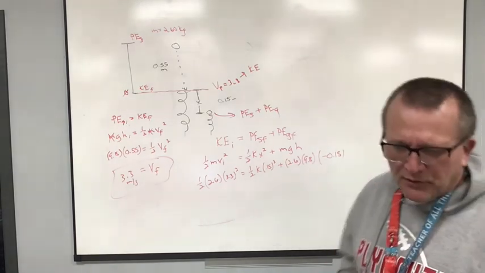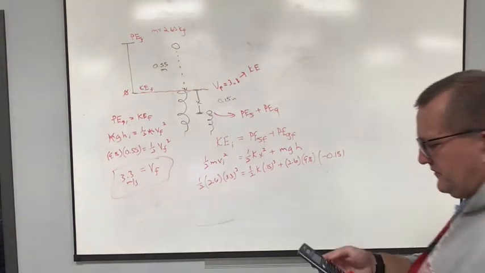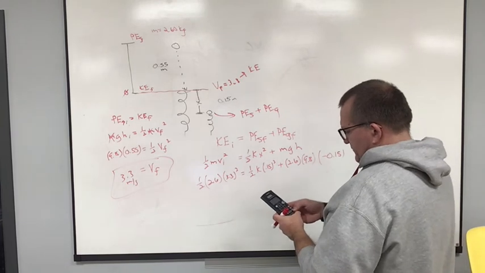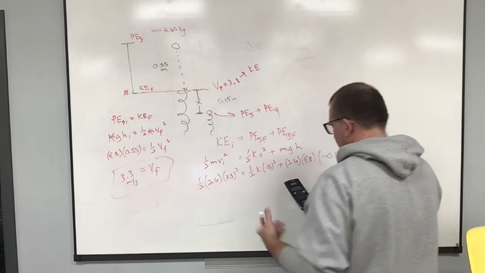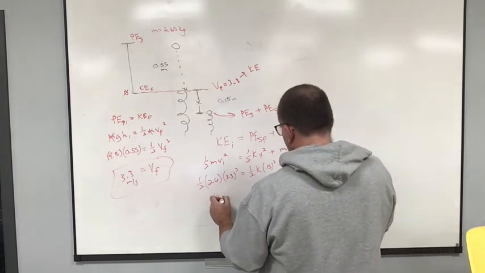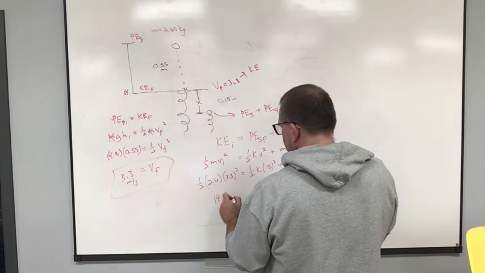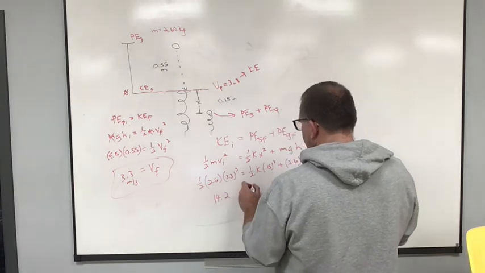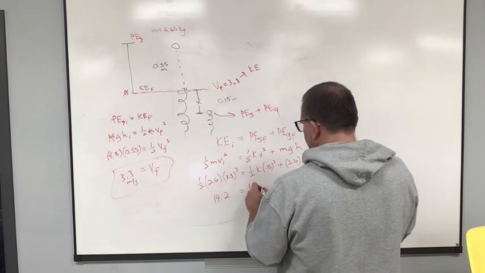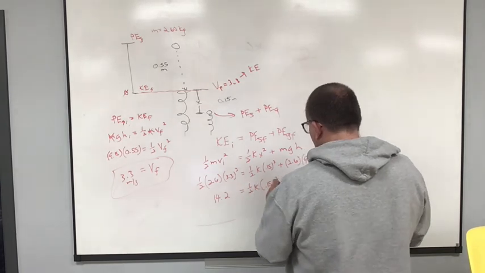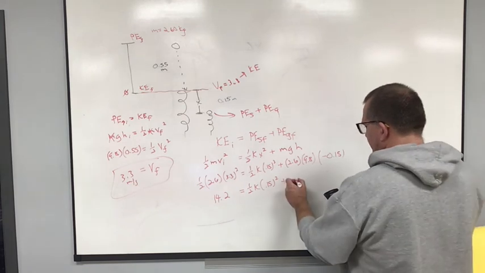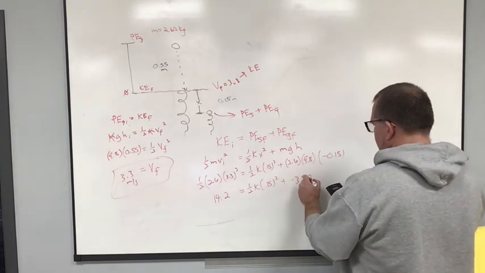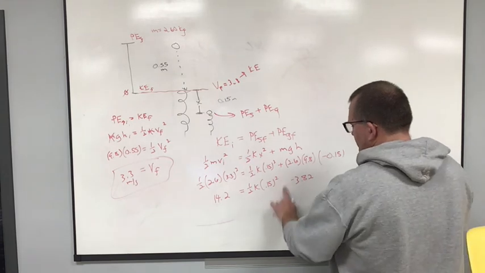So I'm going to do an extra step here with the math so you can see it. 0.5 times 2.6 times 3.3 squared, which is 14.2, is equal to, and I'm going to keep this as is, plus 2.6 times 9.8 times negative 0.15, so it's minus 3.82.